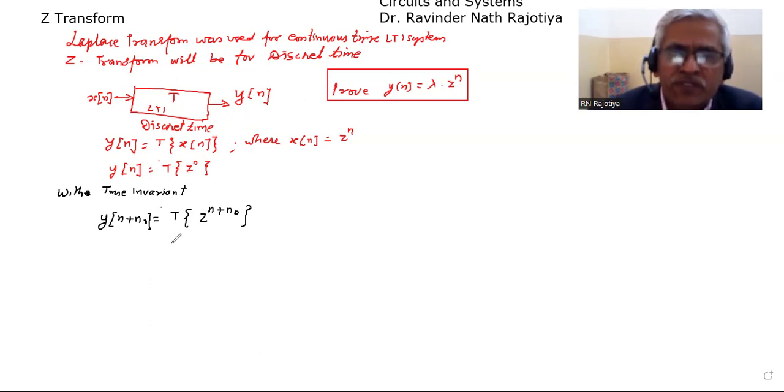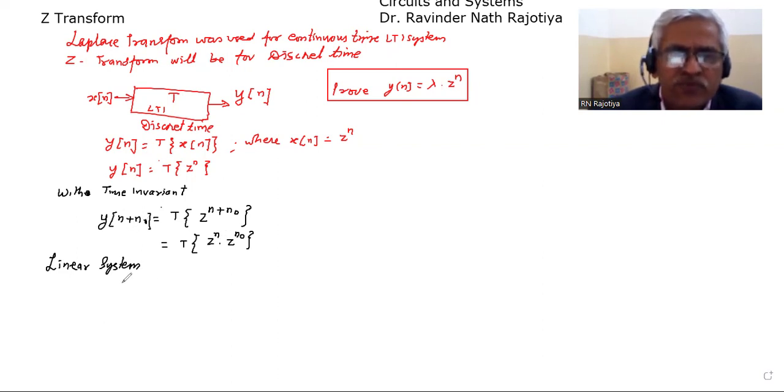Now, since the system is linear as well, we can write this as equal to z power of n times z power of n0. For a linear system, if you scale this signal by z power of n, your output also gets scaled.